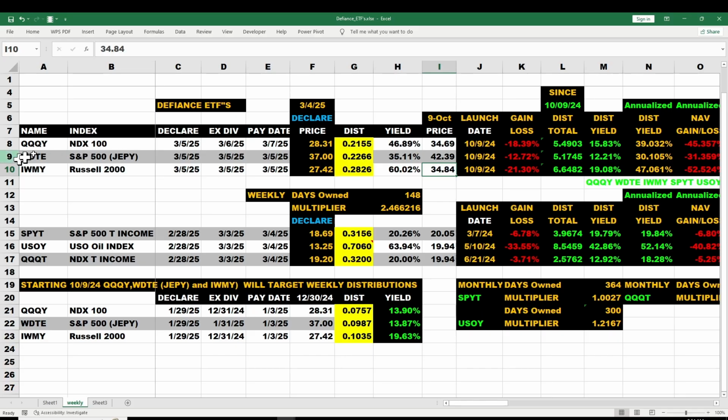Normally, I should reverse these because most of the time I show the S&P one first and then the NASDAQ, like I do on Roundhill and stuff, but so be it. All right, 60% yield on the Russell.